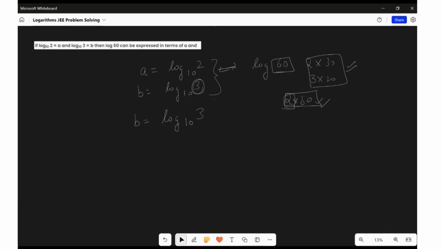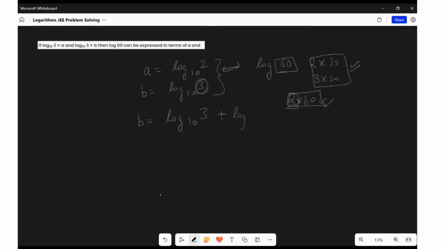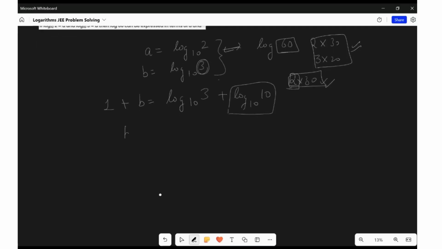Now we need to multiply it by 10, so for that we can add log 10 base 10. This is just 1. So b plus 1 is log 3 base 10 plus log 10 base 10. Alright, so b plus 1 is log 3 into 10 base 10. So b plus 1 is log 30 base 10.